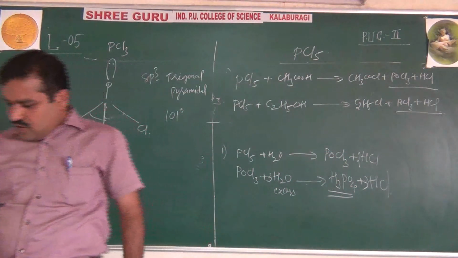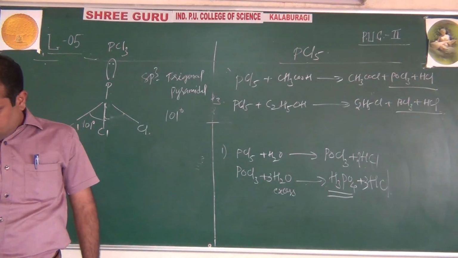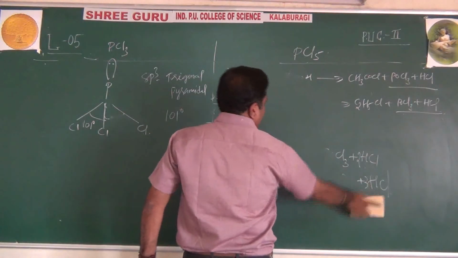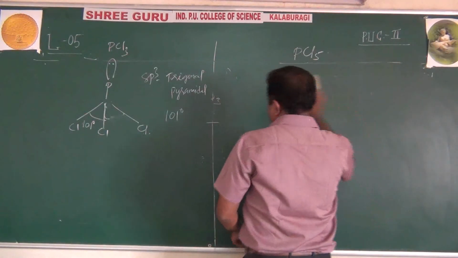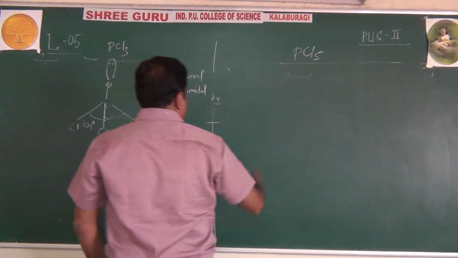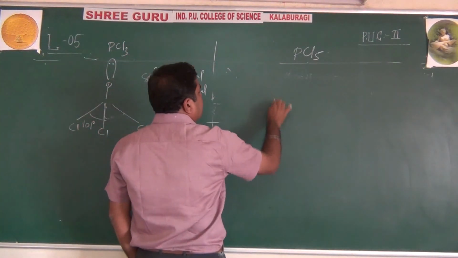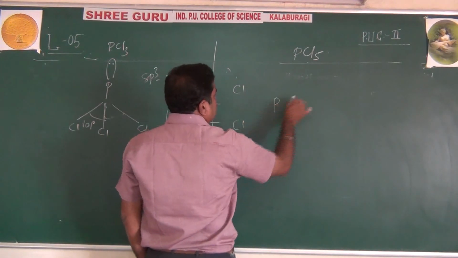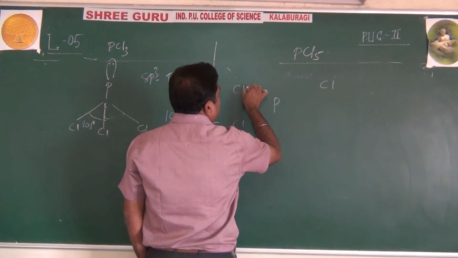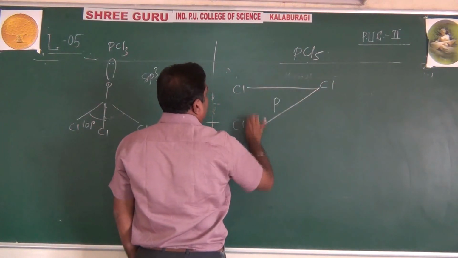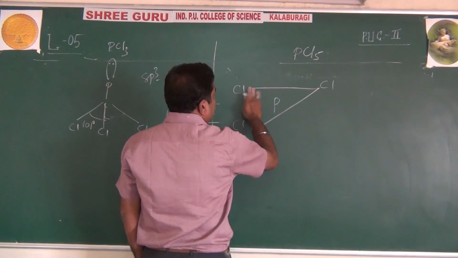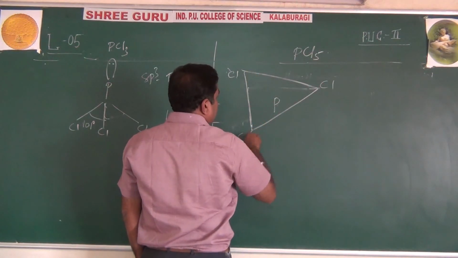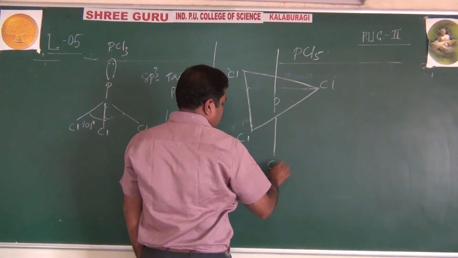Now coming to PCl5, structure of PCl5, phosphorus pentachloride. Three chlorines are in the same plane, one above and one below.